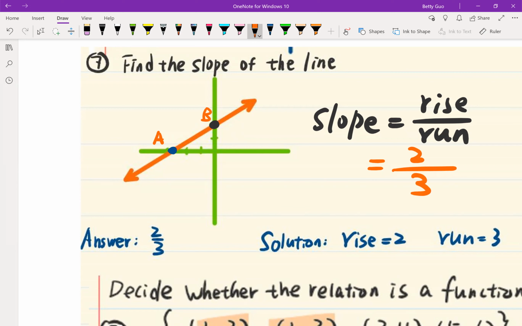So if you are given a line in a graph, finding the slope is just a matter of finding the rise and the run graphically. The slope is positive, consistent with the graph going up. If the line goes up, the slope is positive; if the line goes down, the slope is negative. Any question about number 7?